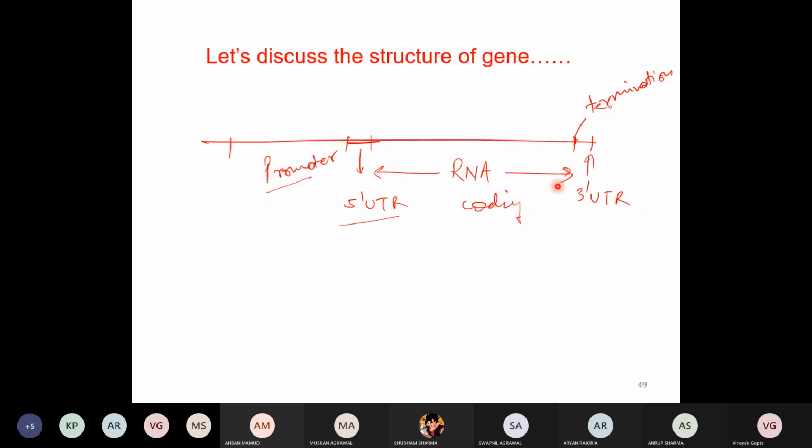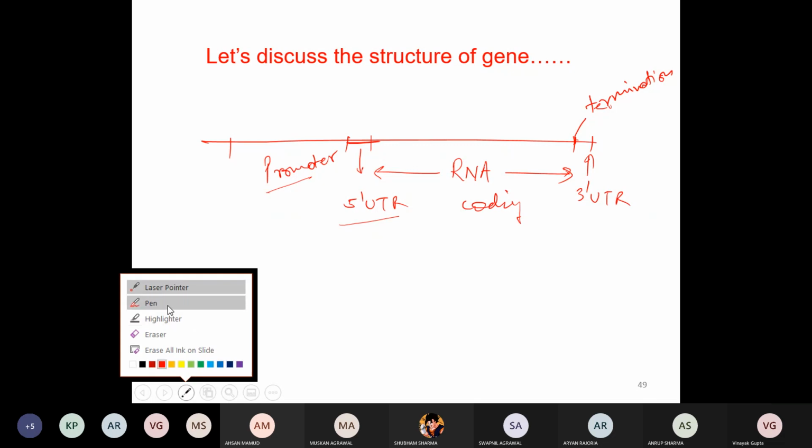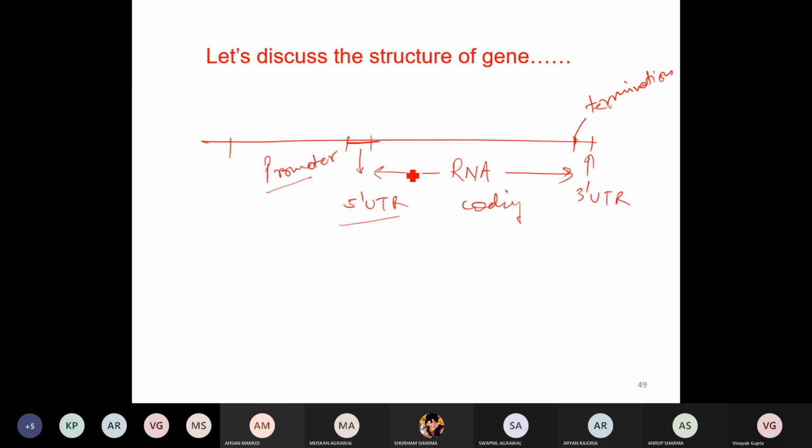I'm repeating my statement: promoter is basically the site which is recognized by RNA polymerase.